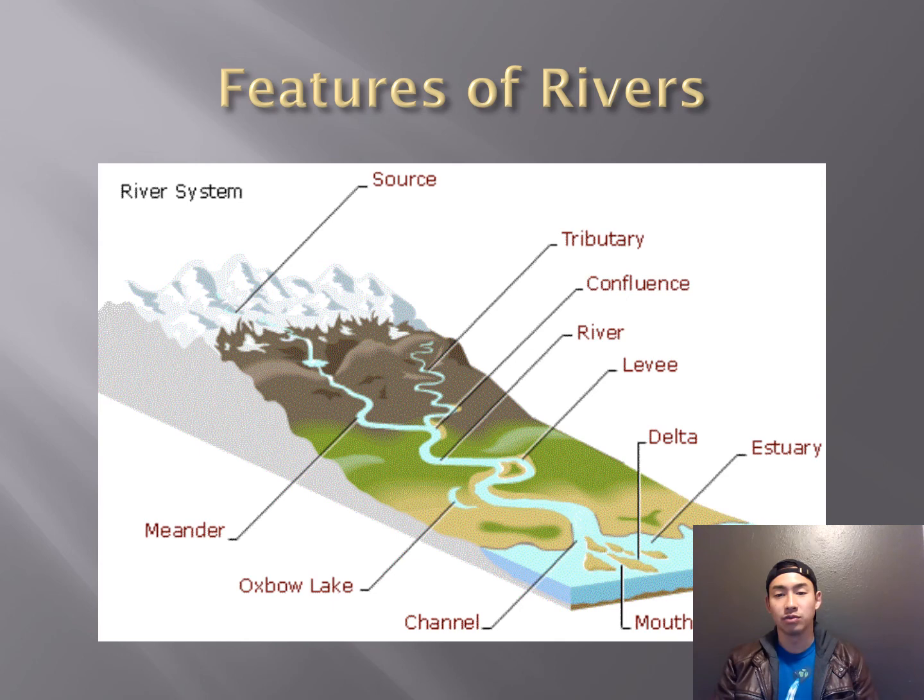So in a river system, we of course have the source of the river, which is generally somewhere up high. So for example, a glacier or a mountain or groundwater is extruded from the mountain somewhere. And this is gradually collected together into a large amount of water that would flow downhill, down tributaries.